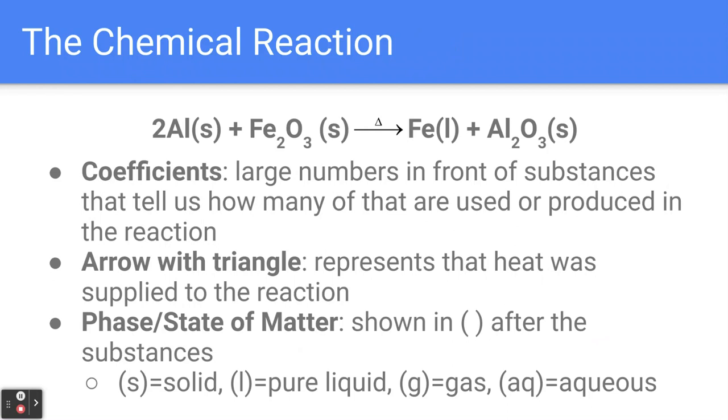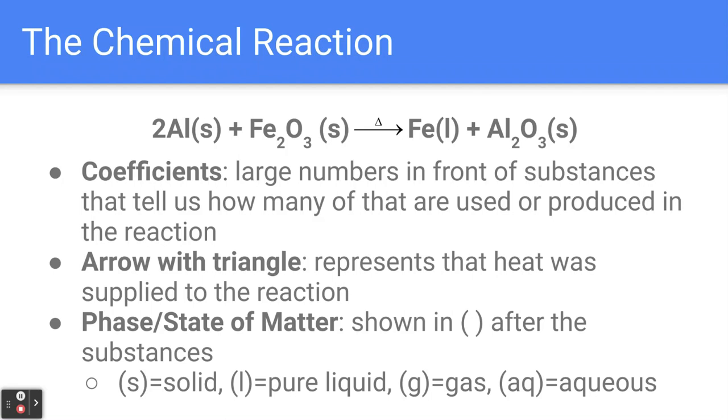So coefficients are the large numbers in front of the substances, remembering that the subscripts are the small numbers right above, right after the symbols. Coefficients tell us how many of the products and reactants are needed or used in the reaction. If we have an arrow with a triangle, like you see there, that represents that heat was supplied to the reaction.